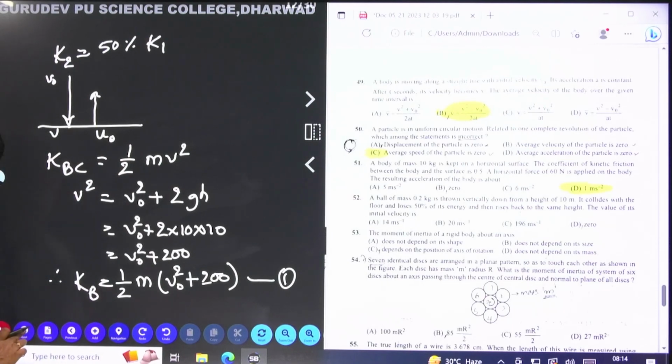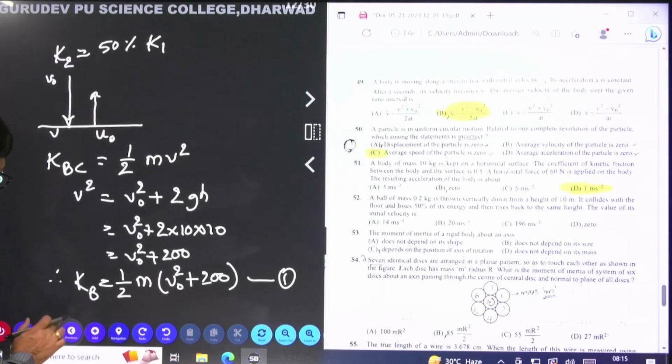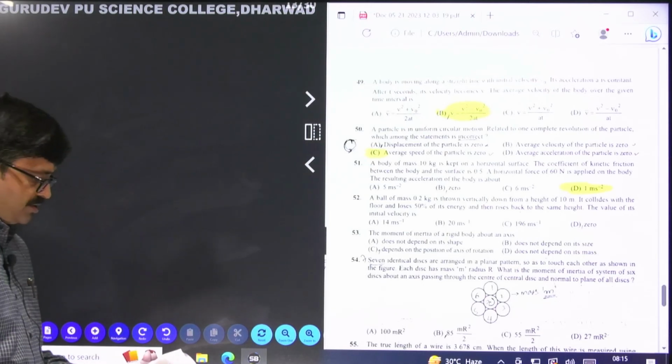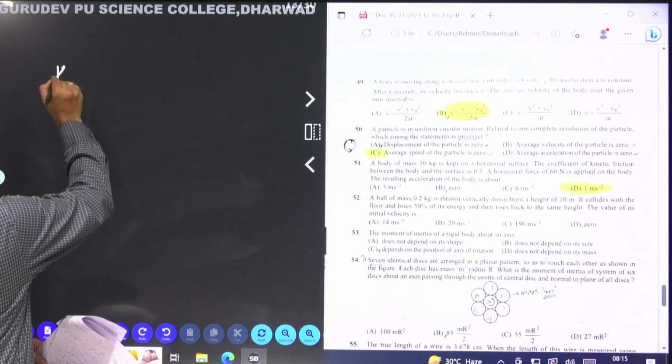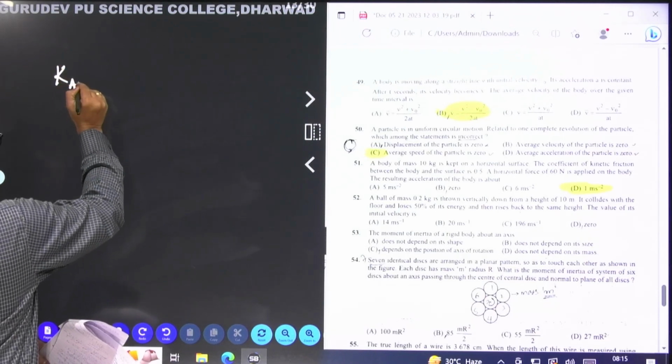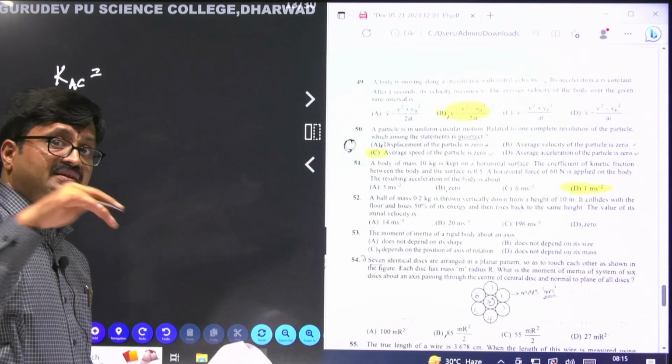Now similarly, I'll move on to the next step here. So kinetic energy after collision, this will be what? 50% of kinetic energy before collision.